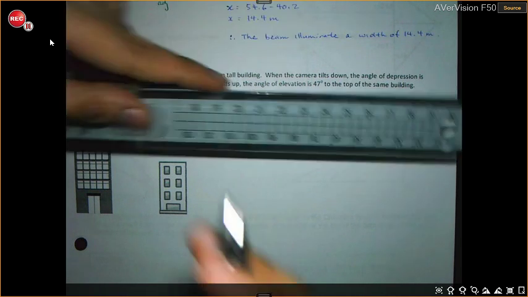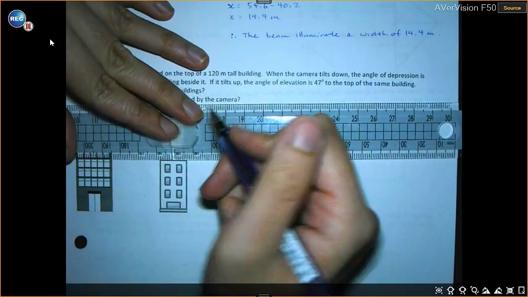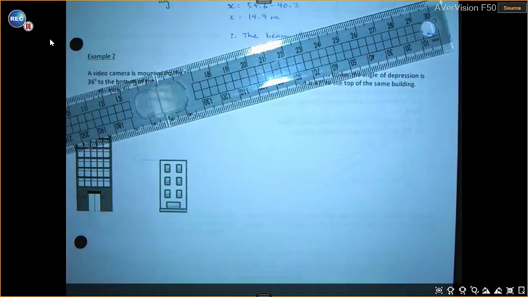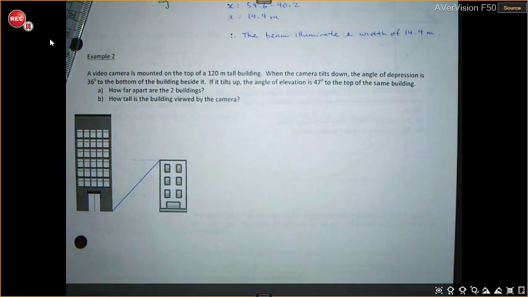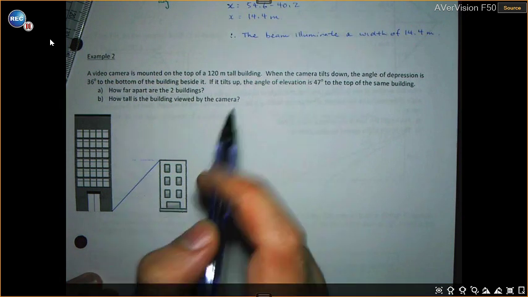If the camera tilts down, the angle of depression, we know from the previous day, is the angle between the horizontal and the line going downwards. So in this case, when the camera tilts down, the angle of depression is 36 degrees to the bottom of the building beside it. So this angle here will be 36 degrees.